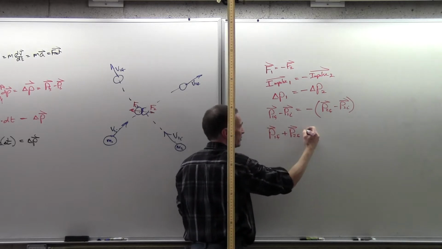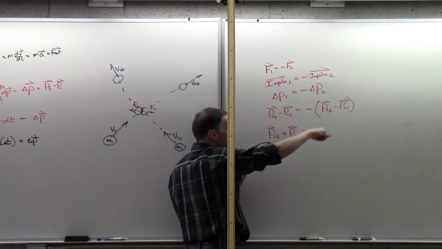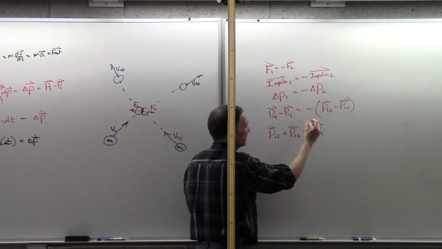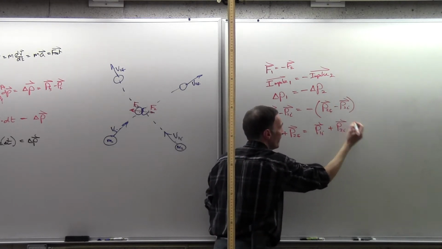Again, all of these are vectors. I'm going to take this one as negative, I'll take it over to the other side as positive, P1 initial. And a minus makes this a plus P2 initial.